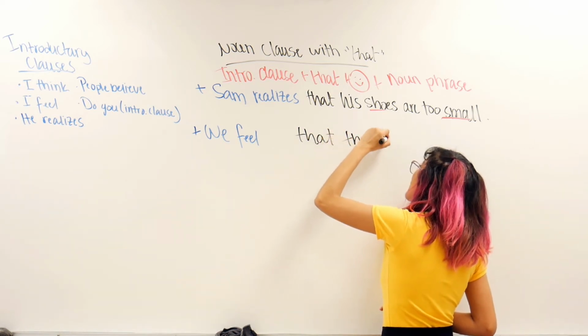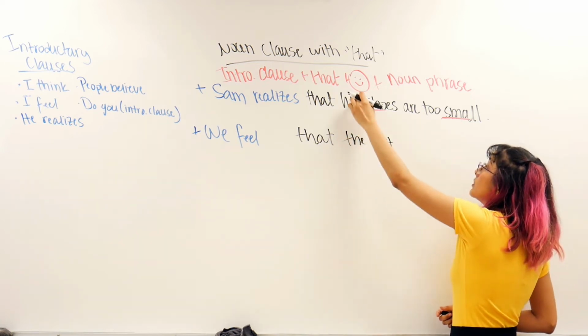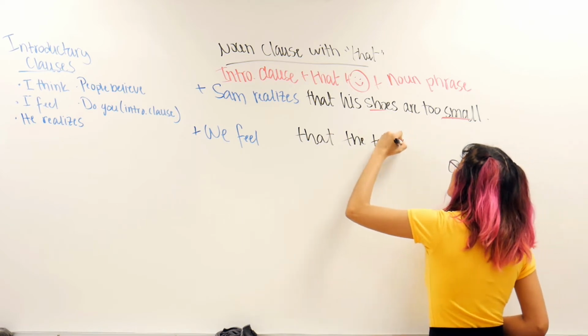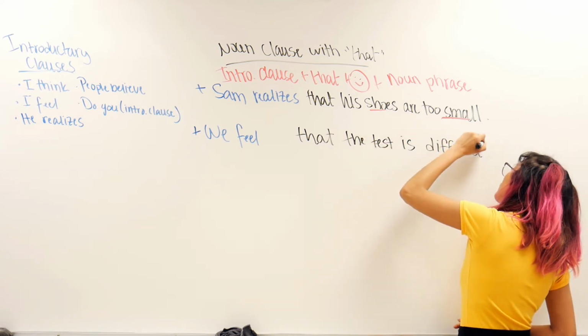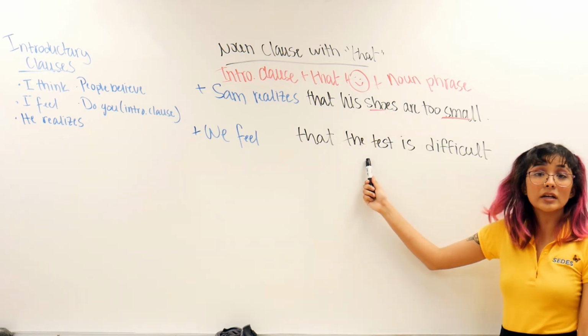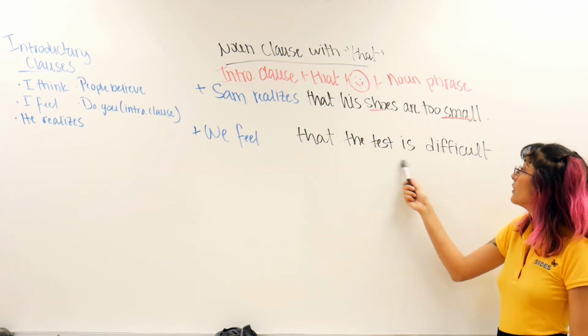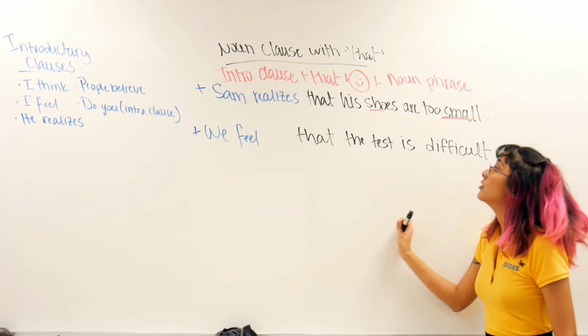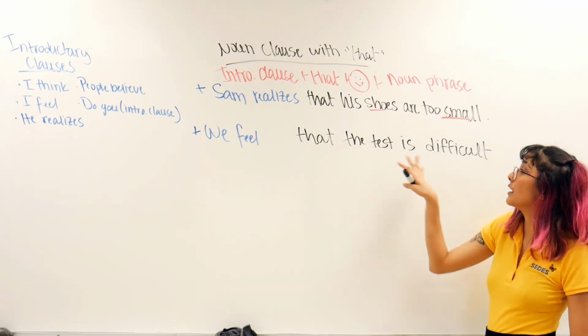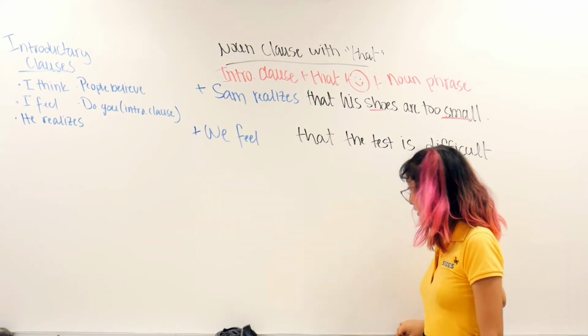We feel that the test is difficult. The test is your subject, but it is your noun as well, so this is your noun phrase. You have your introductory clause, that, connecting now your noun phrase.